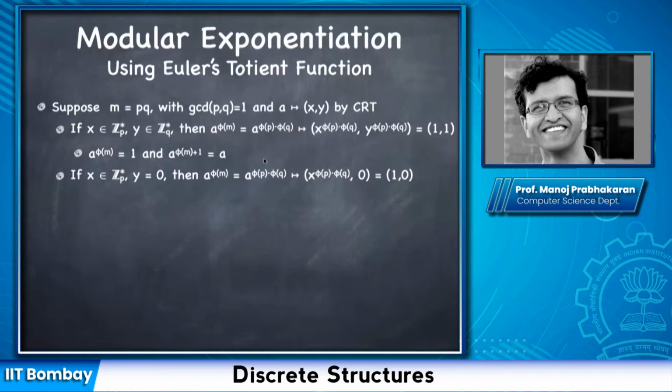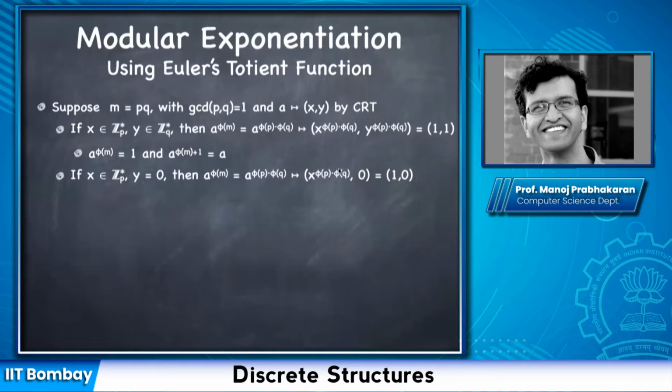Well, if y is equal to 0, it's still true that I can take the CRT representation, and multiplication is coordinate-wise, exponentiation is coordinate-wise, and 0 to the power of anything positive is 0. So 0 to the power phi p phi q I rewrote as 0.